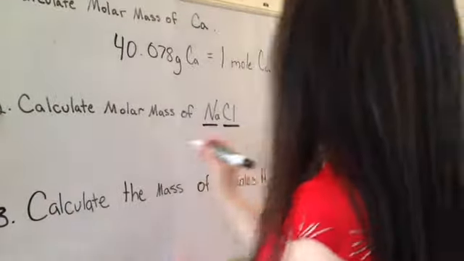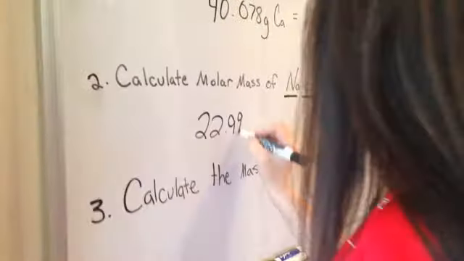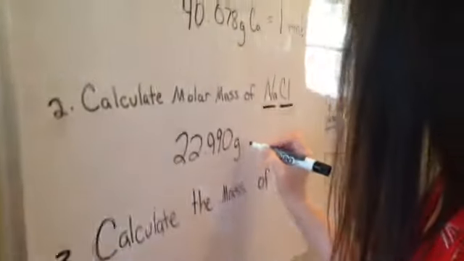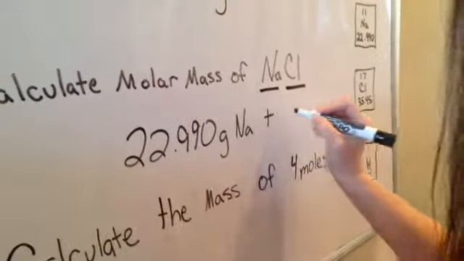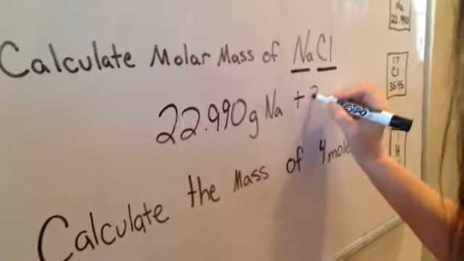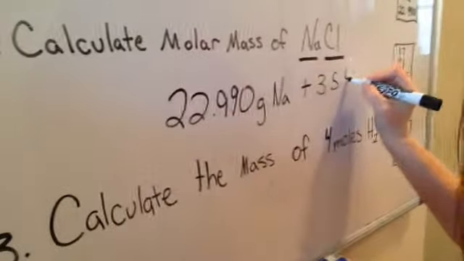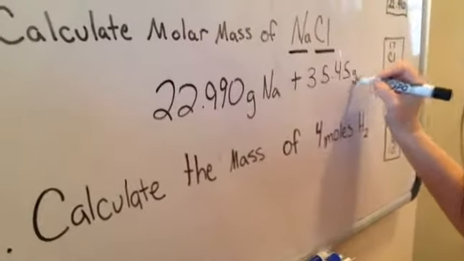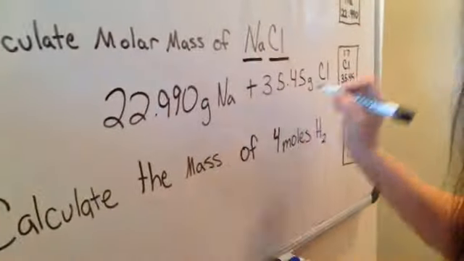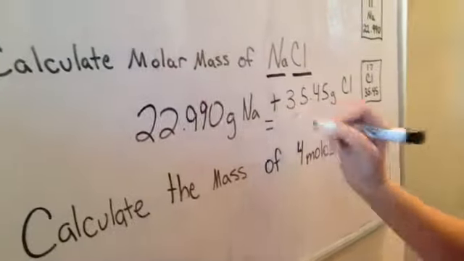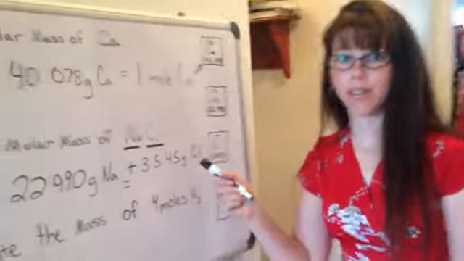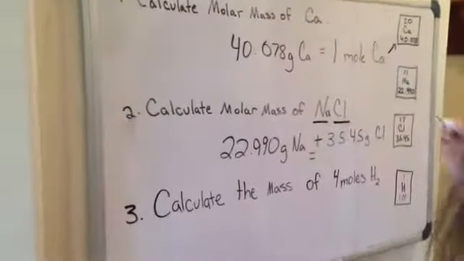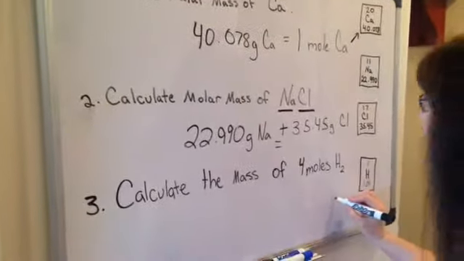So sodium is 22.990 grams Na, and we're going to add it now to chlorine, 35.45 grams of chlorine, and get our final answer. Now you guys can round to the second digit. And so let's add these up really quickly.